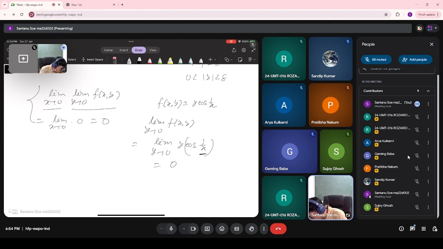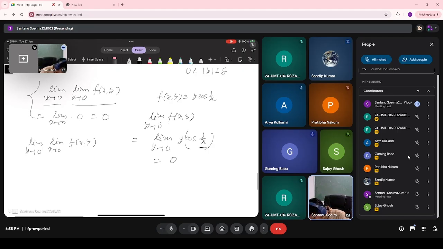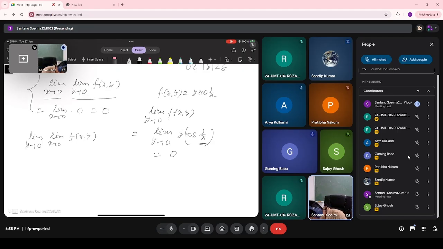Correct. What about this limit? Limit x tends to 0, f of x comma y. So first we have to show what is the limit of this f of x comma y. So this is limit x tends to 0, y cos 1 by x.